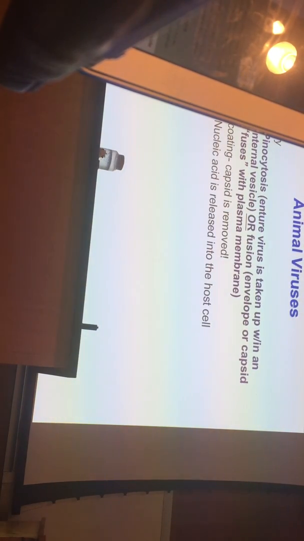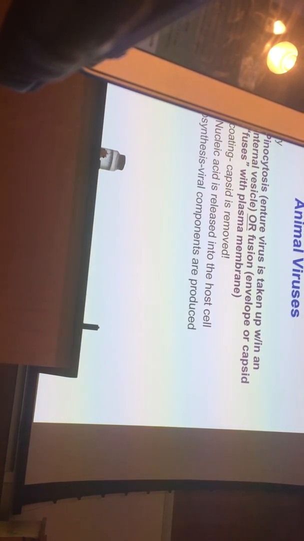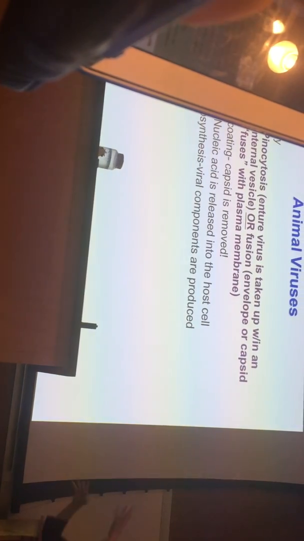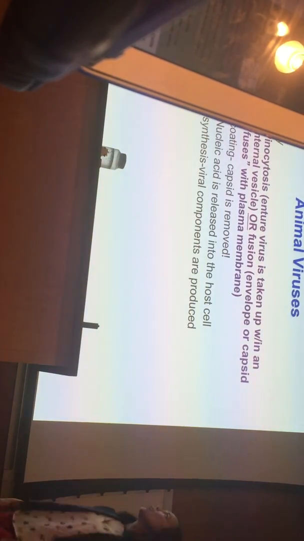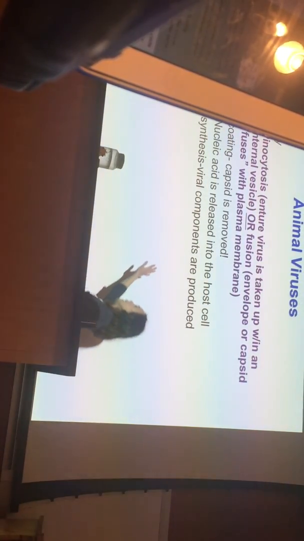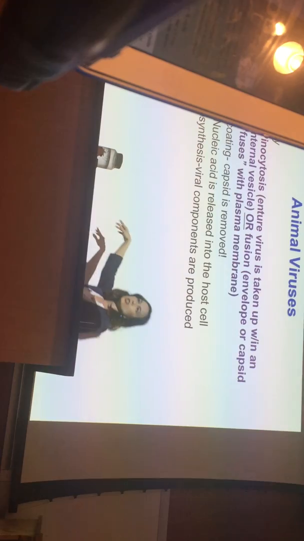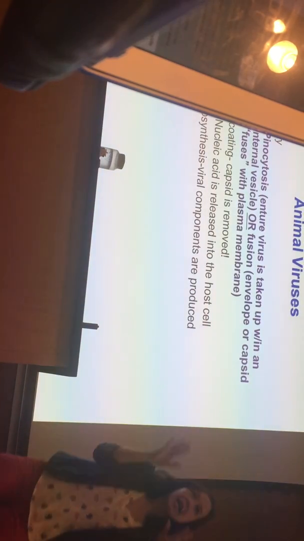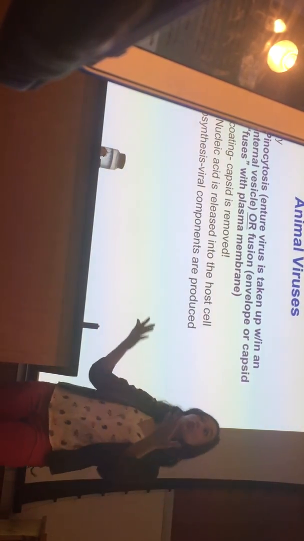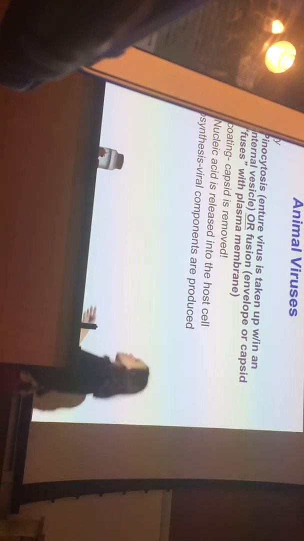Then the rest is basically the same, biosynthesis, right? The virus gets busy, starts to replicate all of the parts. So animal viruses, just like phage though, there might be a delay between 3 and 4 because again, if it decides to do the latent route, not all viruses have to jump to number 4 right away.